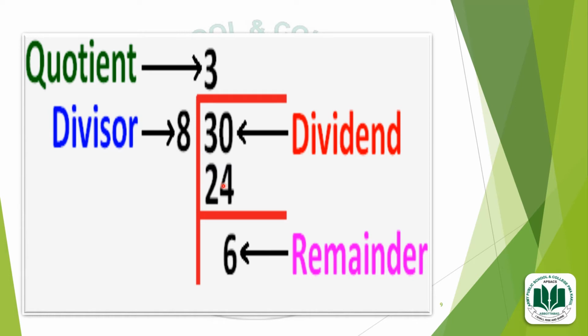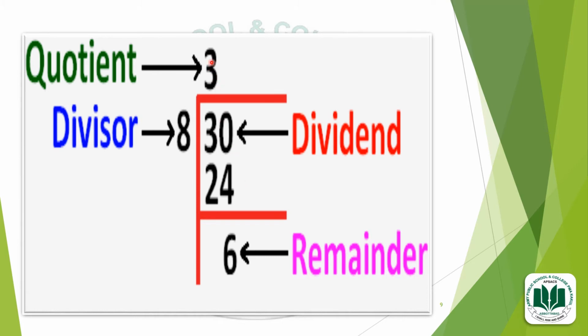Now we can find 24 in the table of 8, which is smaller than 30. 3 8s are 24.